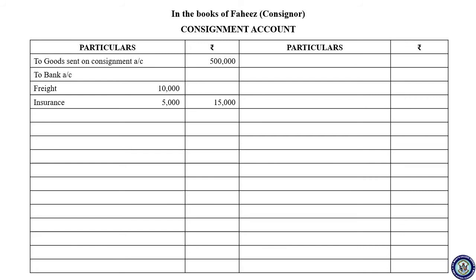Next, the expenses incurred by the consignor. So you have to write to bank. The expenses incurred by FICE, that is 15,000.